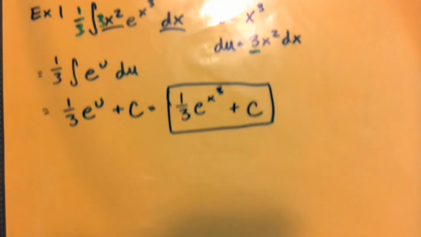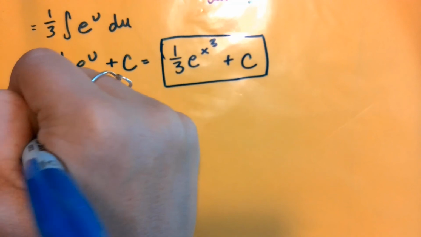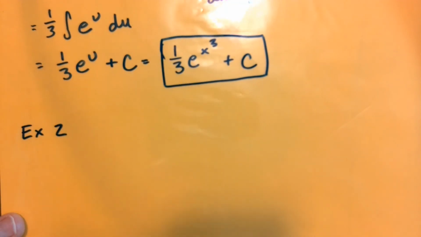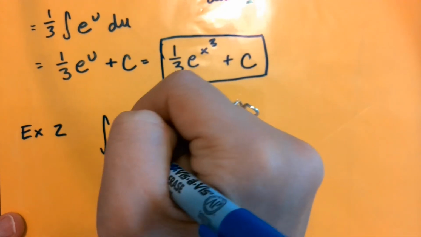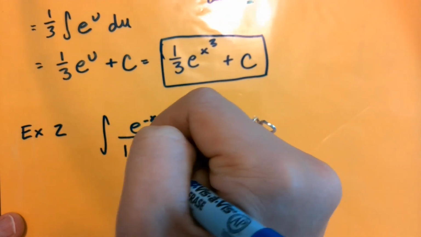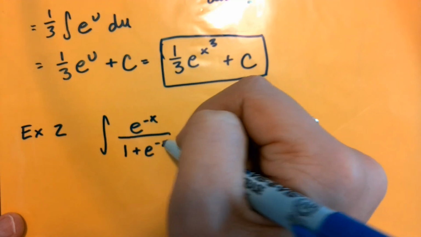All right, let's try another one. So for example 2, we're going to look at the integral of e to the negative x over 1 plus e to the negative x dx.